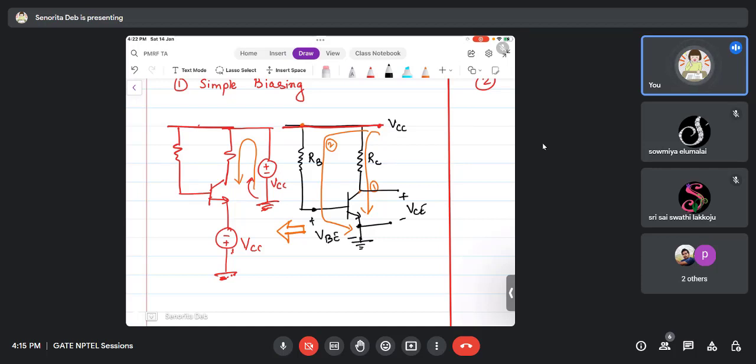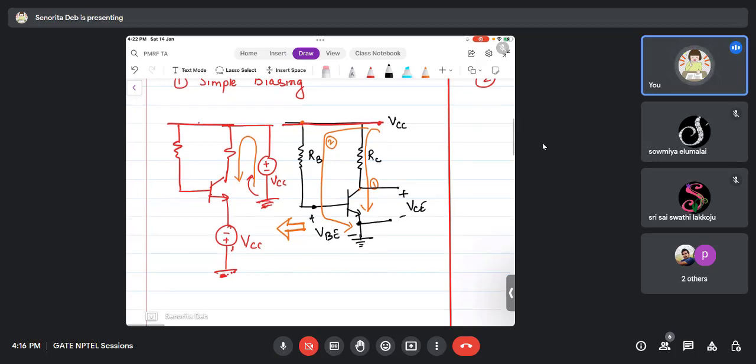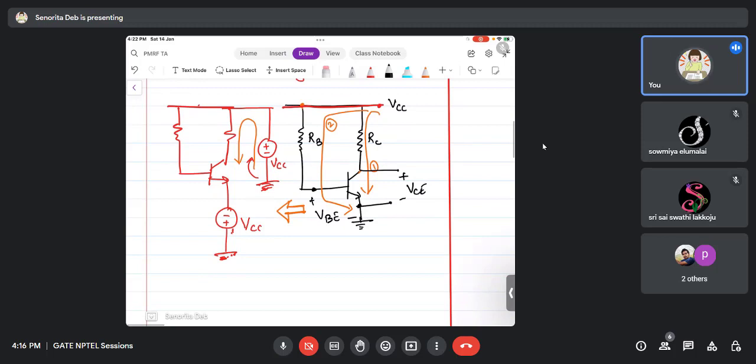Now what are the two equations that you have? You have VCC equals ICRC plus VCE. This current is IB, the base current, and this current is IC.